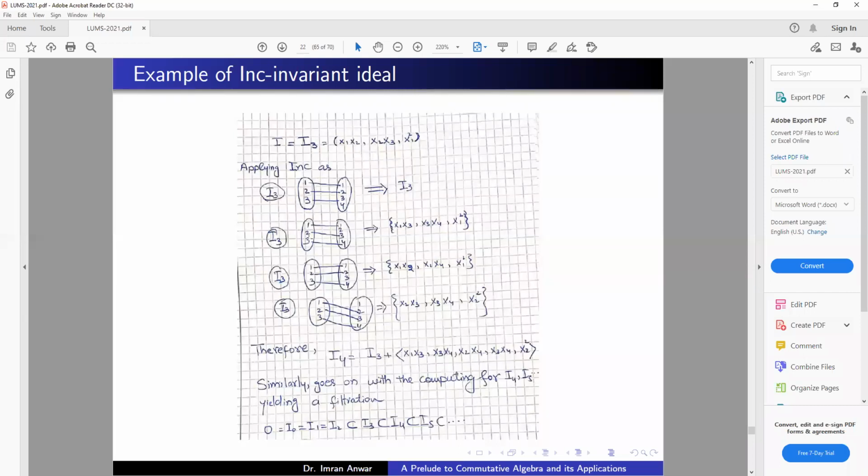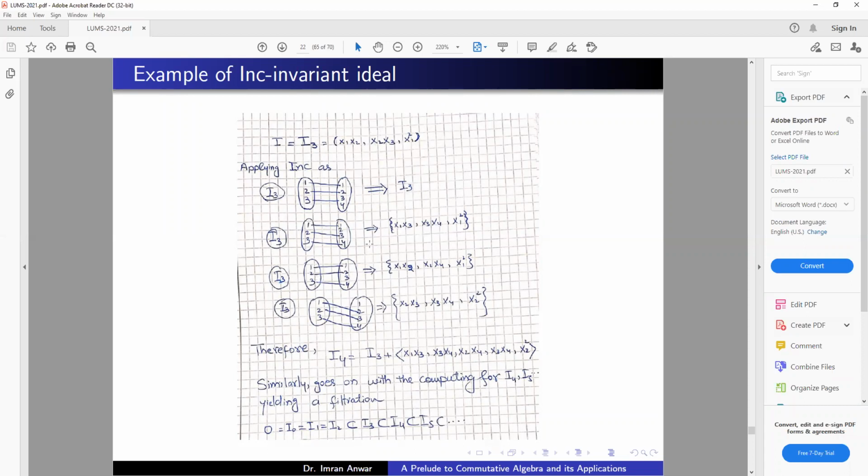When I use this setting, 1 goes to 1, 2 goes to 3, and 3 goes to 4. So I have to replace 2 and 3 with 3 and 4. So x1 x2 will go under the change: as x1 x3, 2 replaced with 3, 3 replaced with 4, and x1 squared stays as it is.